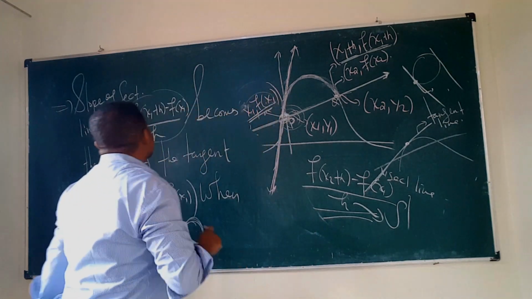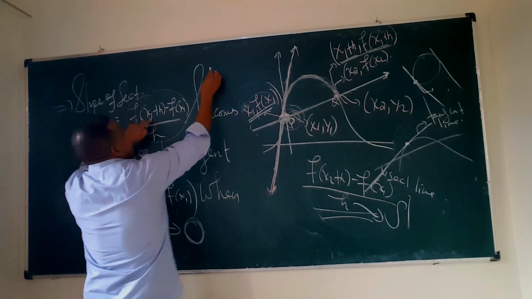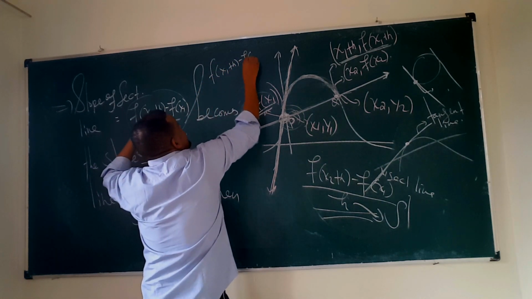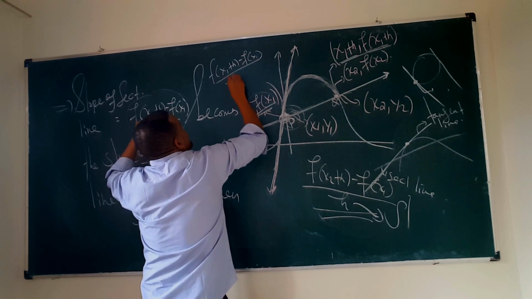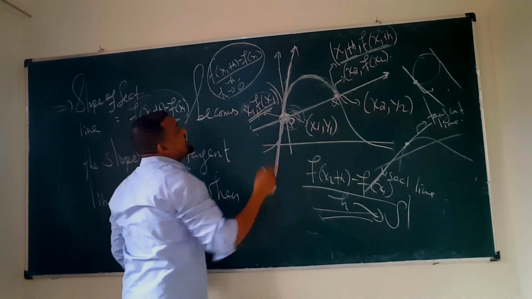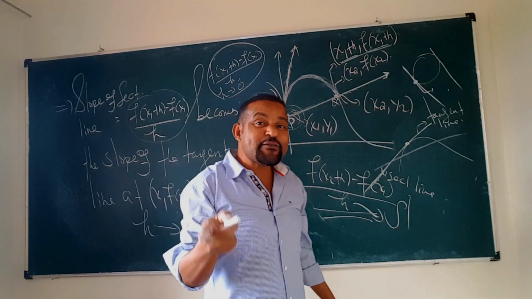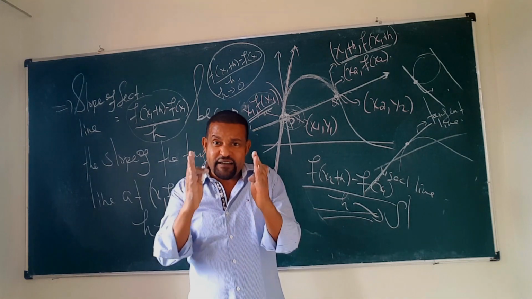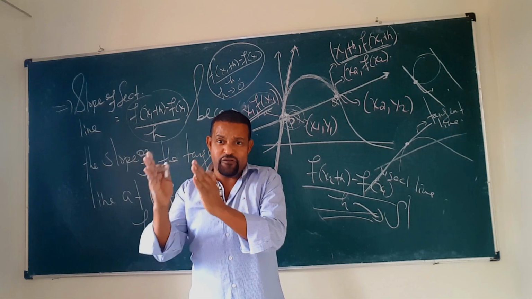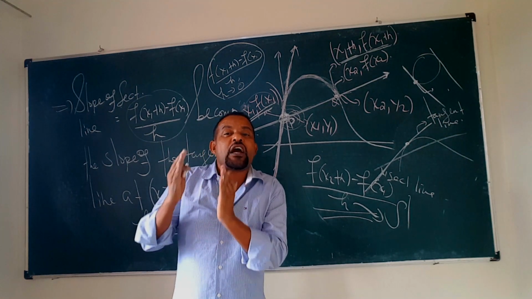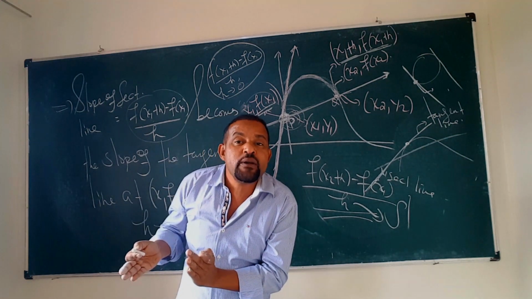But this expression, what expression? This f of x1 plus h minus f of x1 over h, when h is approaching 0 ምንድን ነው ብለናል? The instantaneous rate of change of f of x ነው ብለናል። This f of x1 plus h minus f of x1 over h, when h is getting closer and closer to 0 ምንድን ነው ብለናል?